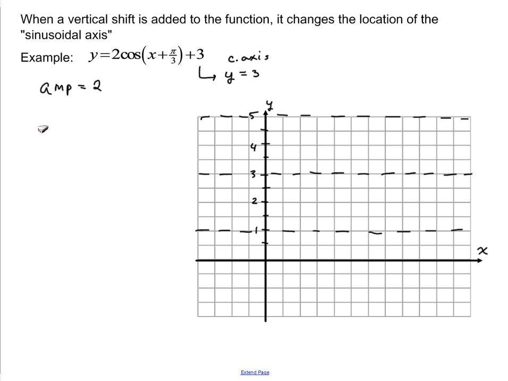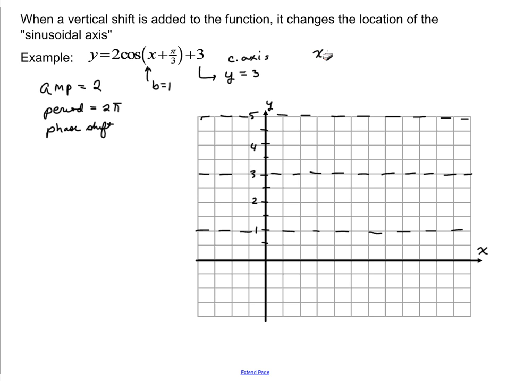So now what else can I say? Well, our period. Our period in this case appears to be simply 2 pi, and that's because b is equal to 1. But we do have a phase shift. Our phase shift is found by setting the quantity in the parentheses equal to 0.